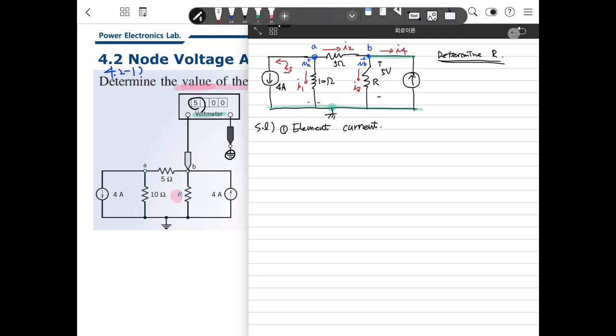Then each element current is a function of the node voltages. IS is 4, because that is connected to the constant current source.